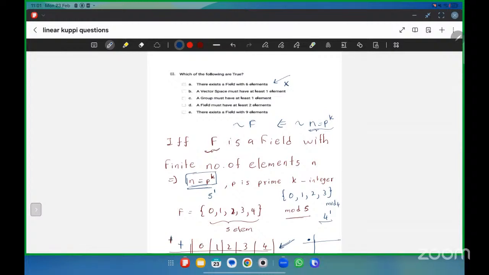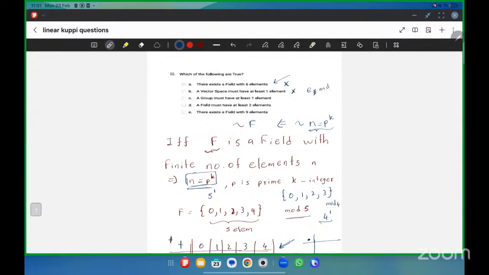And second is, vector space must have at least one element. I think it is not true, because a vector space has at least two elements.